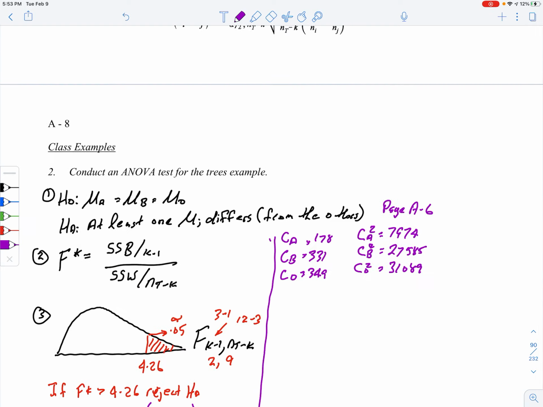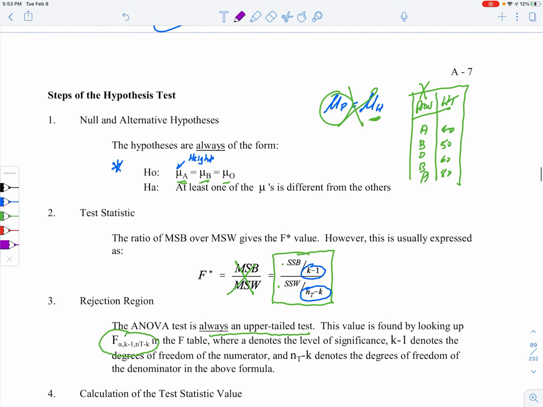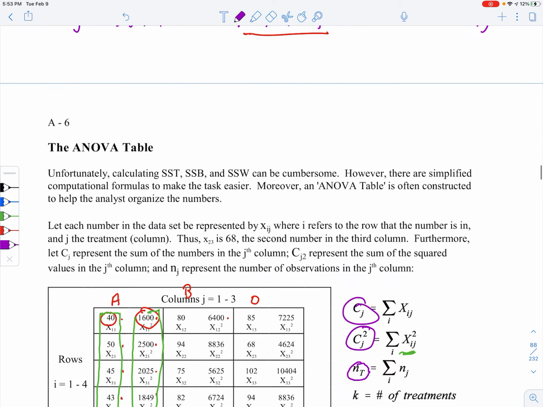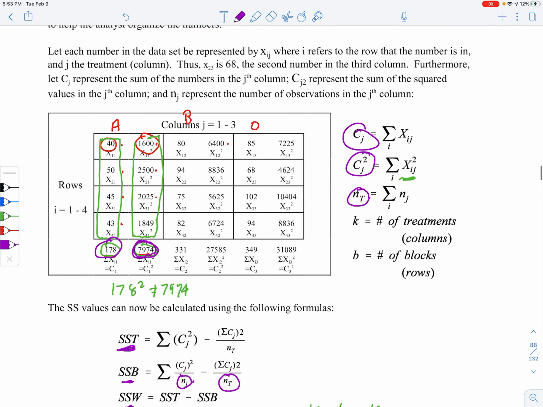And I'm just going to take you back here again to show you, because this was in the last video. These are the original numbers of the tree heights for Alberta. If we sum those up, that's the CA value.